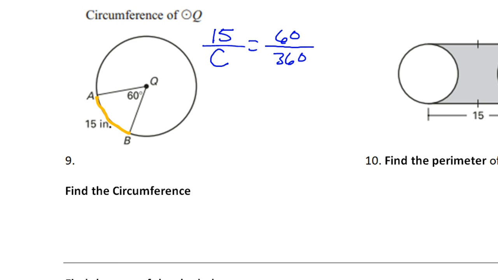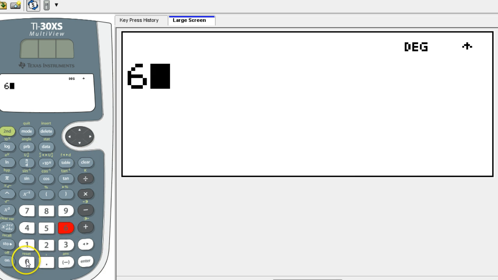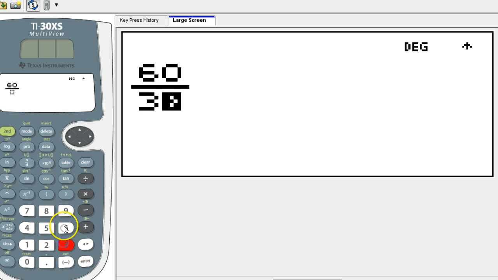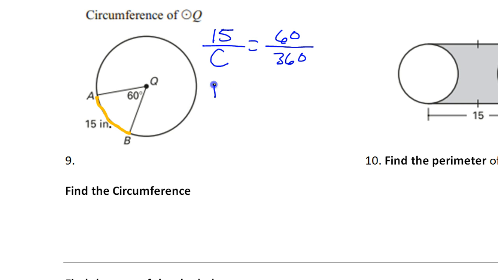Now 60 over 360 reduces down to 1/6. So I have 15 over the circumference is equal to 1/6.